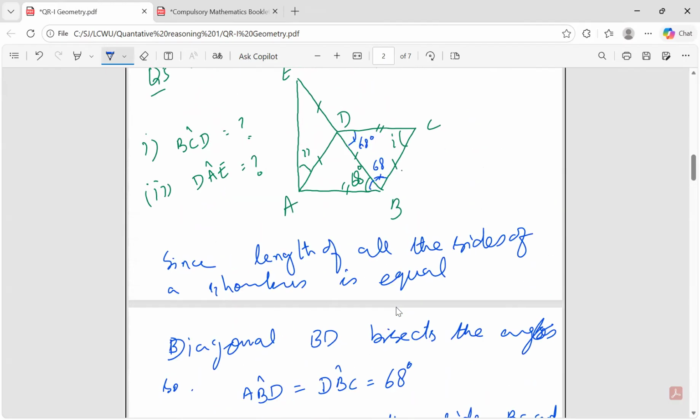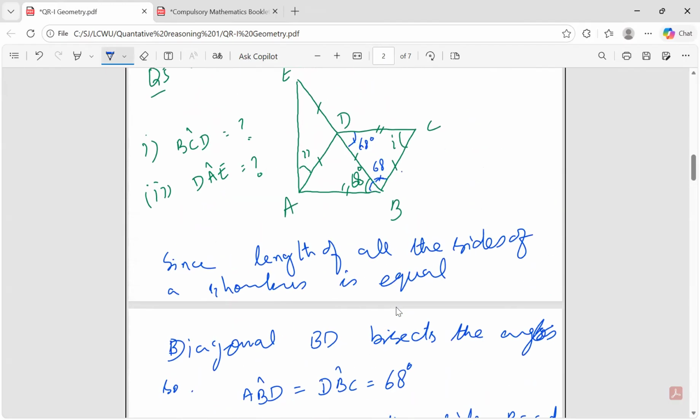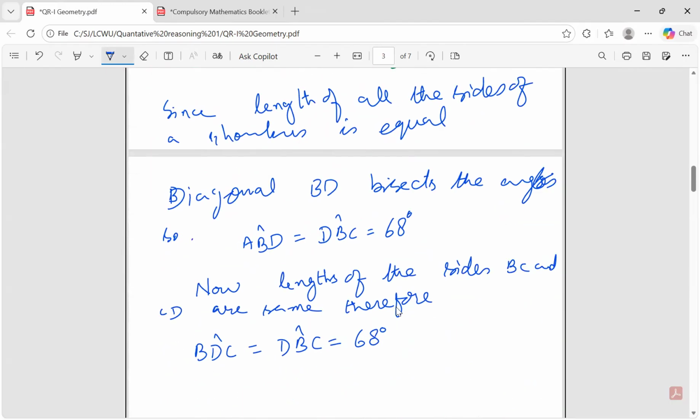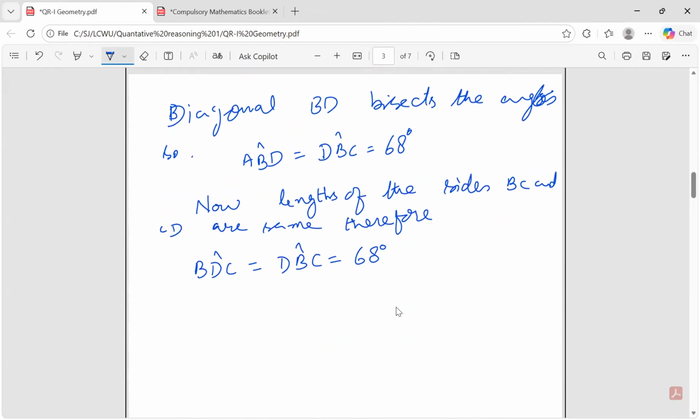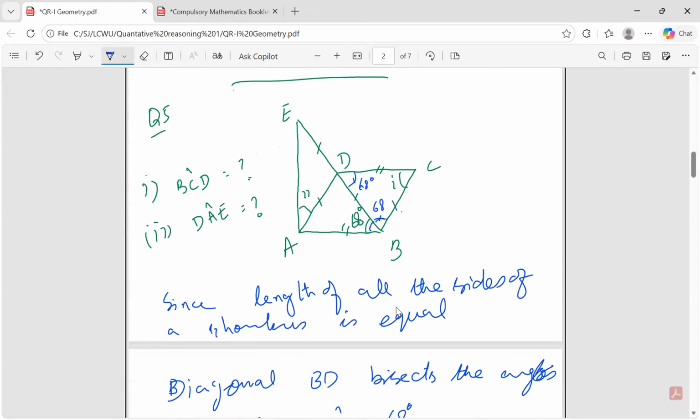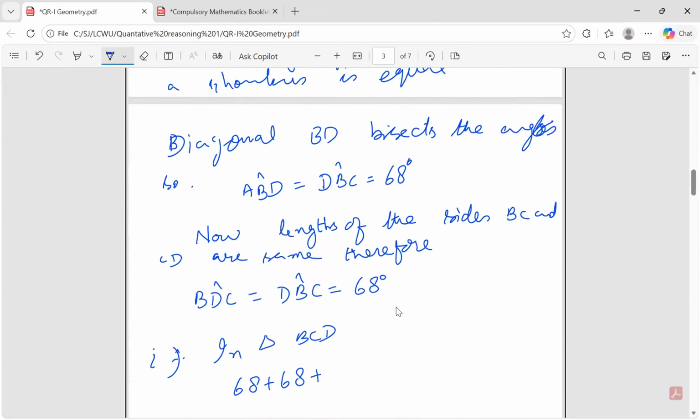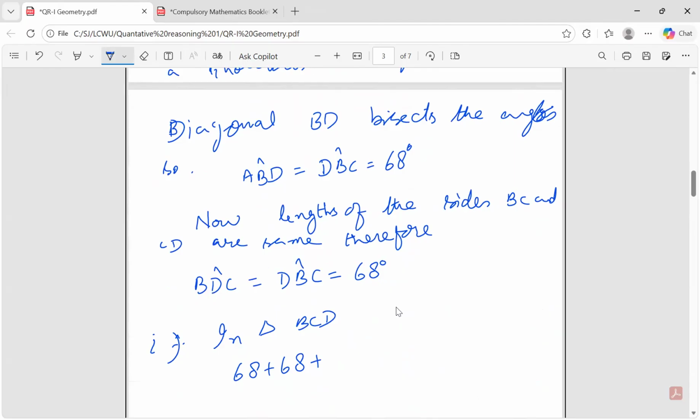Now, this is an isosceles triangle. Two angles are given to you in the triangle BCD. Hence, for the first part, in triangle BCD, the sum of the three angles, 68 plus 68 plus the third angle BCD, that we need to find out, is equal to 180 degrees.